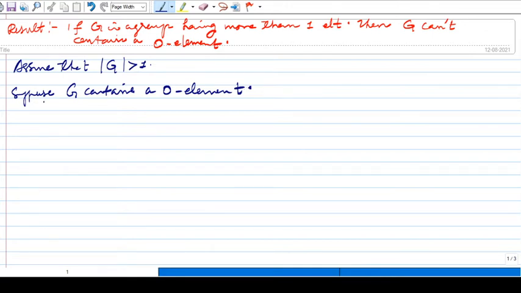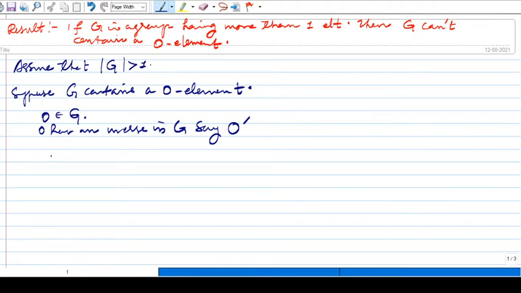Then we are going to see what the problem is. That means 0 belongs to G. Now G is a group. Since G is a group, 0 has an inverse in G, say 0 prime.